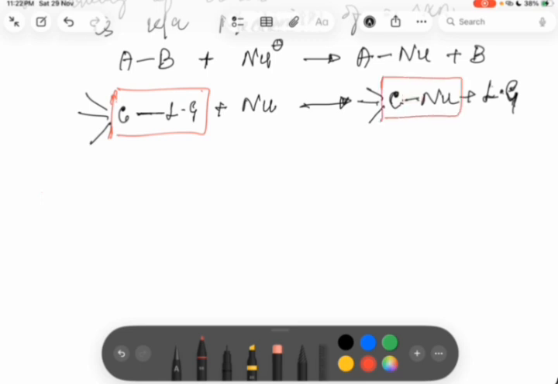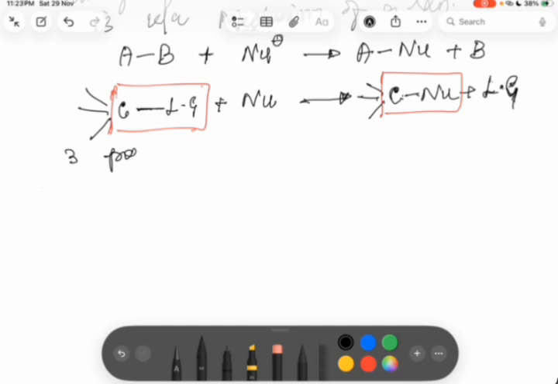The sequence in which this cleavage of bond between carbon and leaving group and formation of bond between carbon and nucleophile occurs in nucleophilic substitution reactions is known as mechanism of a nucleophilic substitution reaction. Now, dear students, in case of nucleophilic substitution reactions, three possible mechanisms are there.